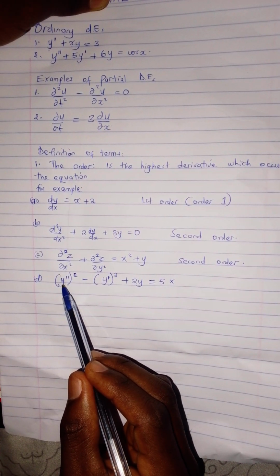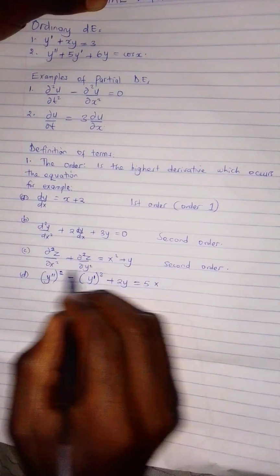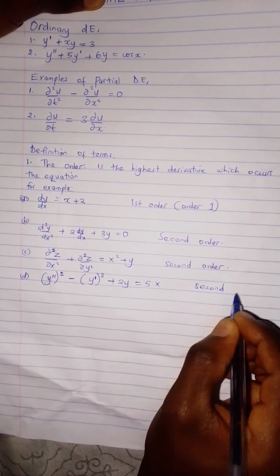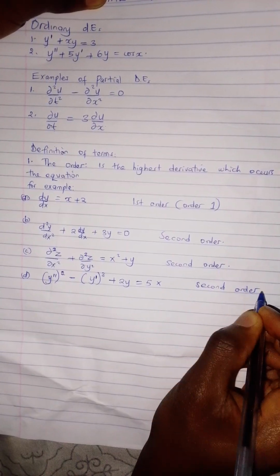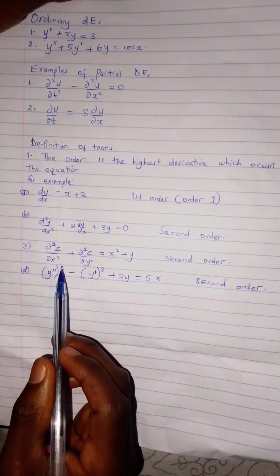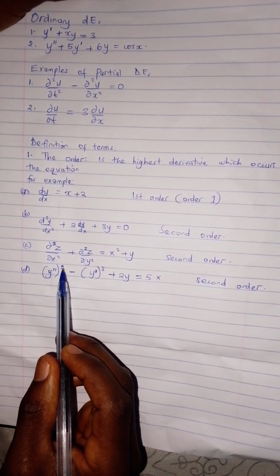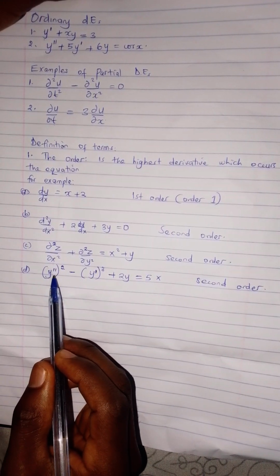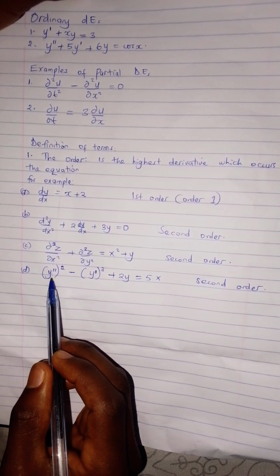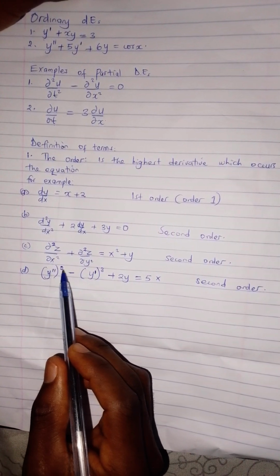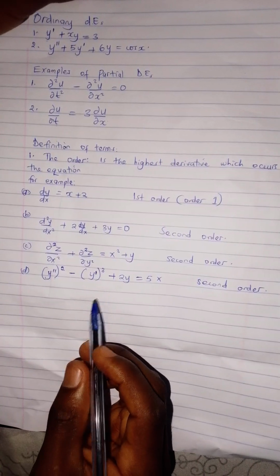It was differentiated for the second time, and now we can say this is a second order differential equation. These powers, these ones, we call them degrees, they are not orders. So the order is the highest derivative, but these ones outside are just degrees.